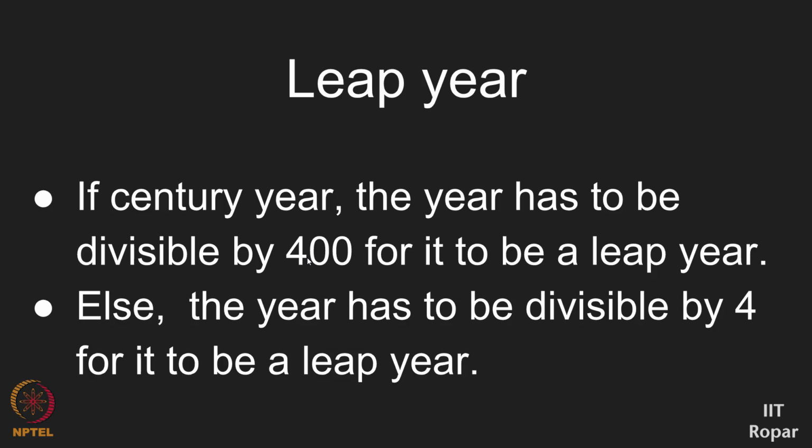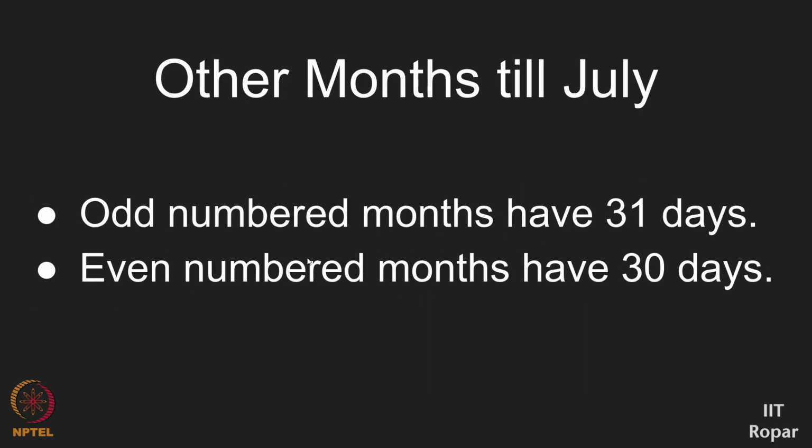Some have 30 days, some have 31 days. We'll see that. Other months we can divide into 2 halves. Months till July: January, March, May, July, all these months have 31 days. They are odd numbered months.